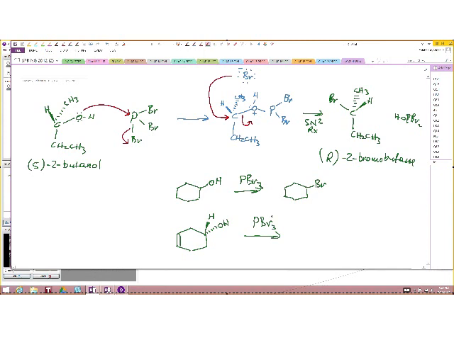Okay? What will be the product? So you have to take account of the fact that this is an SN2 reaction, and it is going to proceed with inversion of configuration.